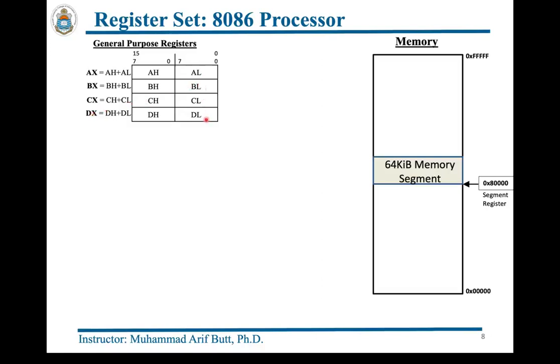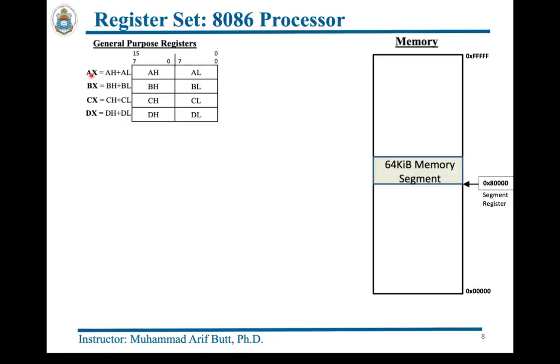And similarly, if you want to access the higher 8 bits of these registers, you can use the names AH, BH, CH, and DH.